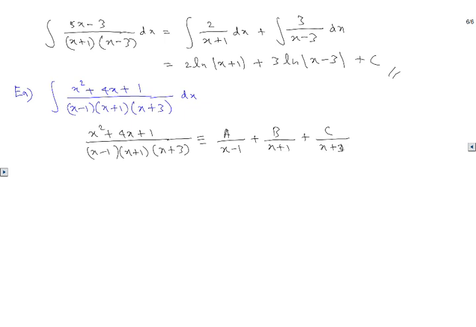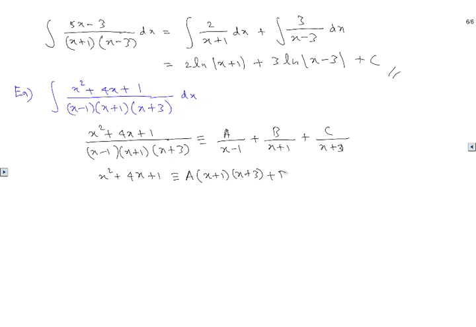Now we multiply by the common denominator, and after you multiply, you get x squared plus 4x plus 1 identically equals a times... When you multiply, what's going to happen? The x minus 1 factor gets cancelled and you get the other 2. So you get (x plus 1)(x plus 3).